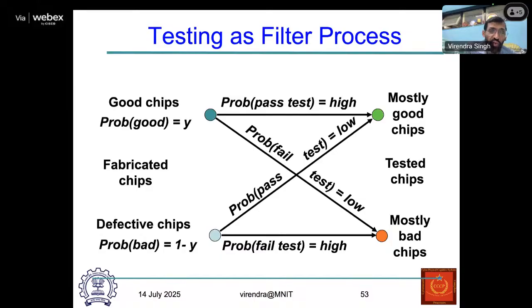And what you want is that good chips should be identified as good chips, and bad chips should be identified as bad chips. However, because of inadequate test, some of the good chips are identified as bad chips, and that we call the yield loss. Or some of the bad chips can be classified as good chips, and that will increase the defect level.